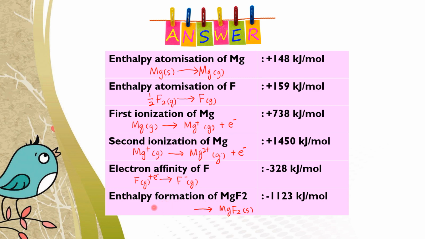It comes from its elements, which means Mg solid plus F2 gas. Then check whether the equation is balanced. The equation is already balanced, so this one should be 1 mole. Alright, so we are settled for the equations.